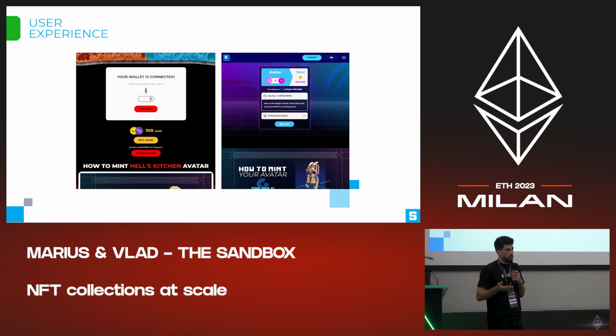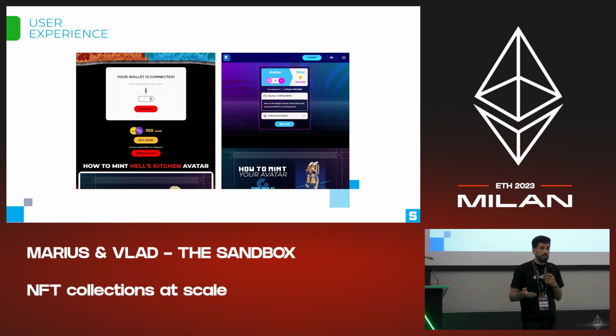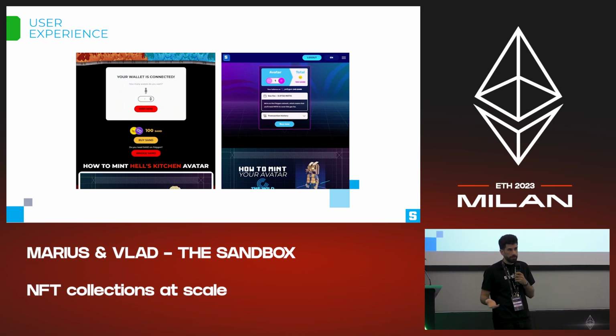So the user comes to our minting page, presses mint, sees a loading spinner, nothing happens for 10 minutes, they refresh the page. That's a classic. And they see the button again, they press again, and they are creating another transaction. And at some point, they do multiple minting by fault.